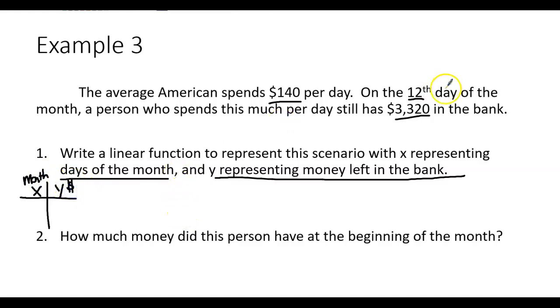Okay, so they tell us that on the 12th day, they have $3,320 left in their bank. But that's all they give us for an x value and a y value. This is not an x value or a y value. Now, there's a very important word here that's different. It's per.